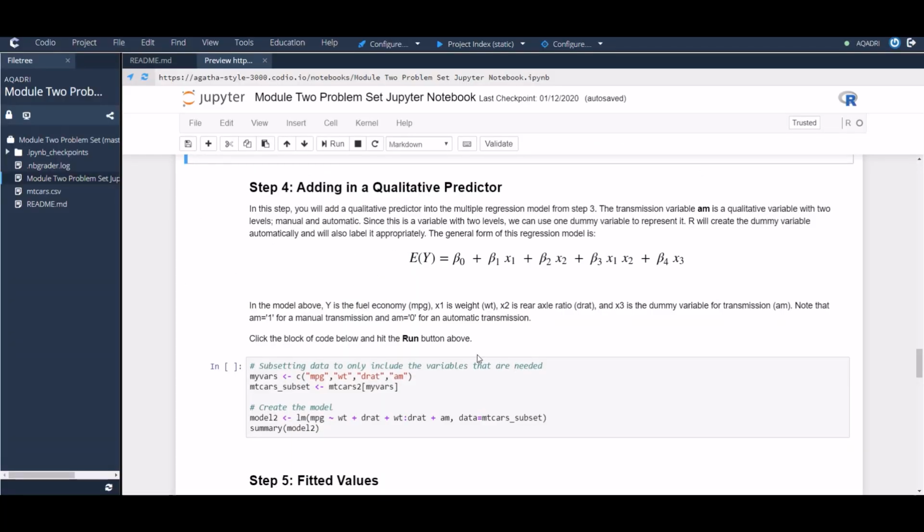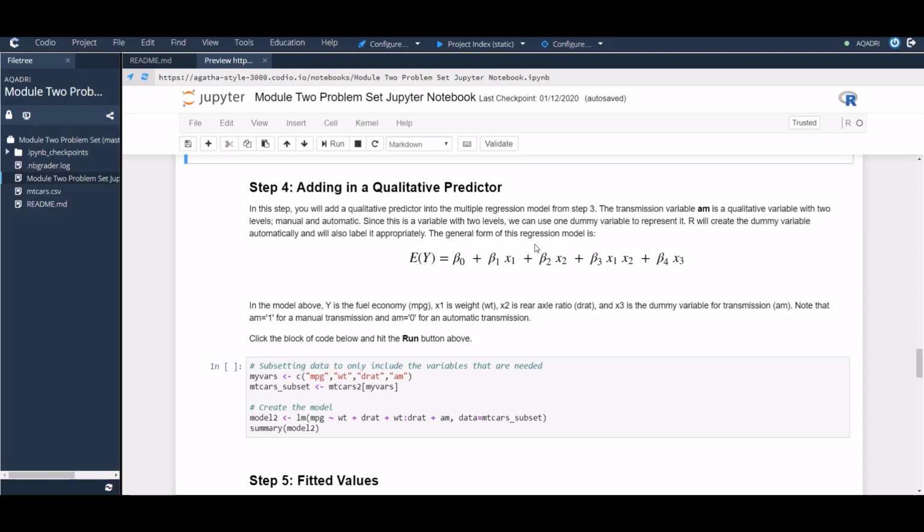So in step 4, we are considering a multiple regression model that uses the transmission variable, AM, that is a categorical variable. And this variable takes two levels, manual transmission and automatic transmission. So because it takes two levels, we just need one dummy variable in the multiple regression model to represent it. And so that's what's given here. So let's first consider the general form of the regression model.